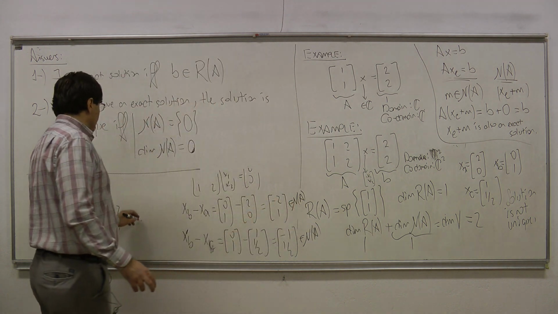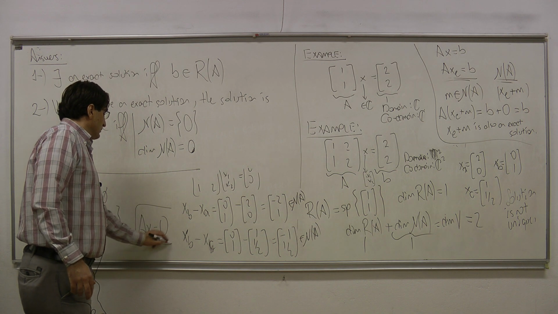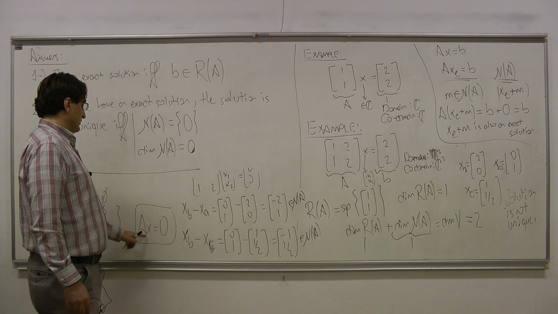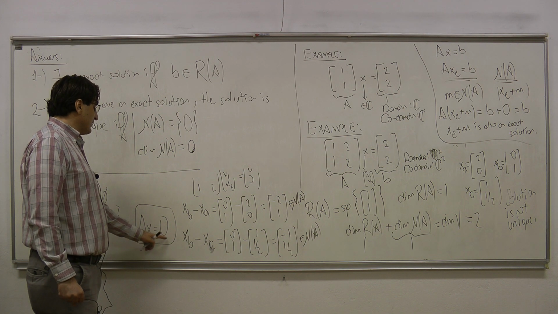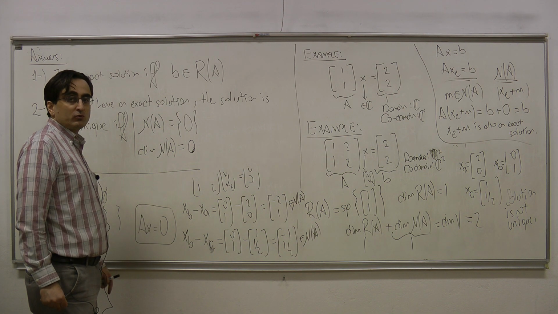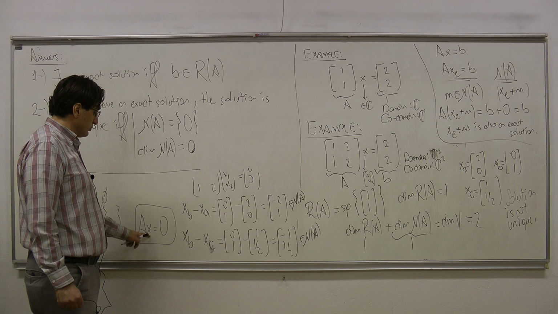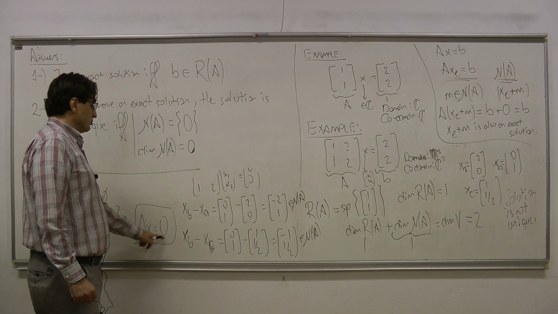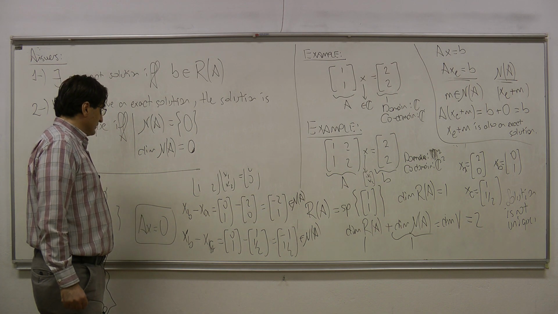Here you can give another answer. Is there a case when this equation, this is the null space equation, has no solution? Obviously the answer should be no, because when x is equal to 0, Ax should be equal to 0. So x equals 0 is always inside the null space.